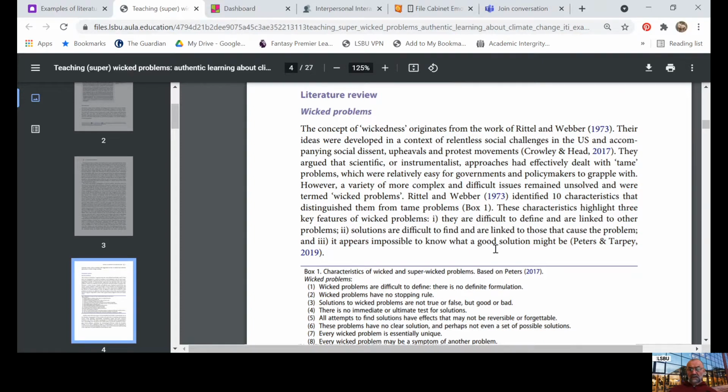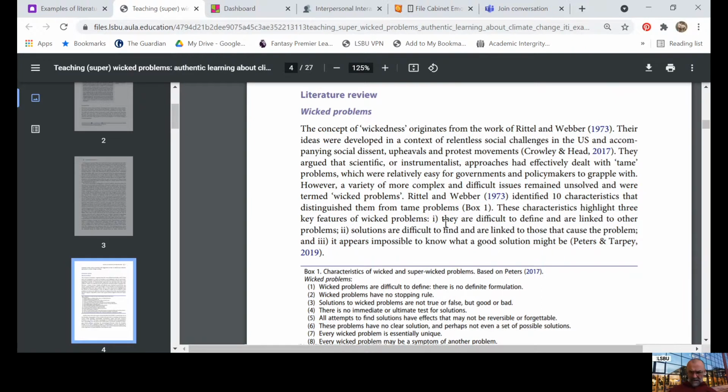So basically in that paragraph, the authors of the journal article are using the words and the ideas of other authors to establish key meanings. Basically, they're establishing the meaning of wicked and super wicked in the context of this piece of writing.